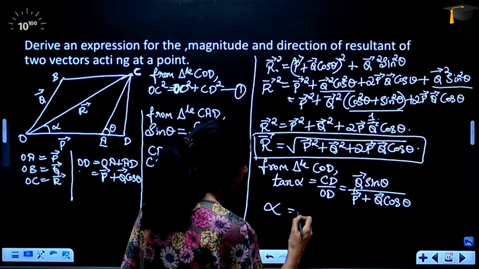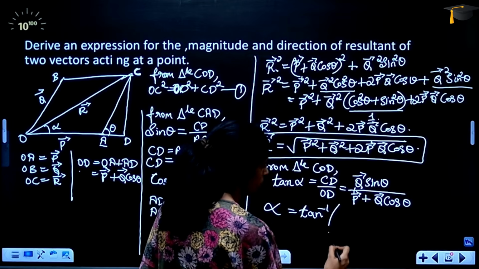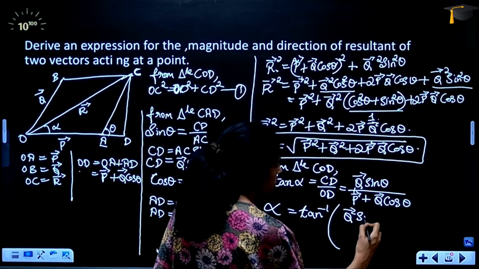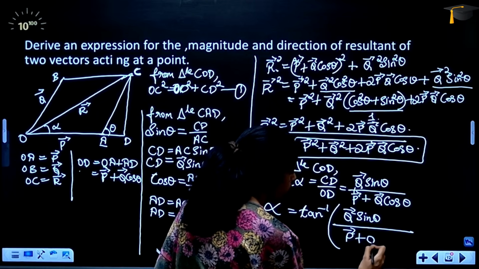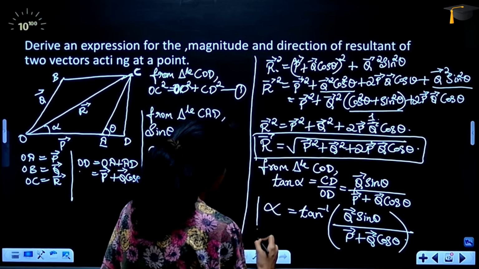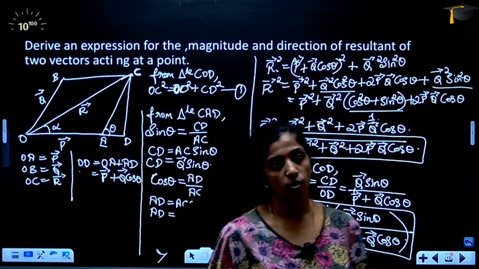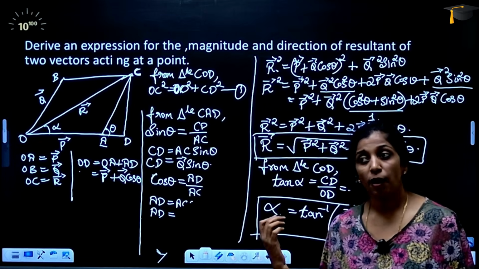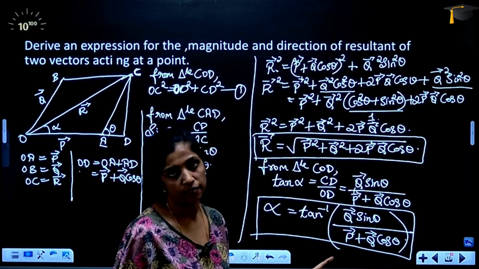So alpha can be taken as, if tan moves to the other side, it becomes tan inverse of vector Q sine theta divided by vector P plus Q cos theta. That's it. So this ends our derivation. They asked us to find the magnitude and direction of the resultant of two vectors. So I found the magnitude as well as the direction.